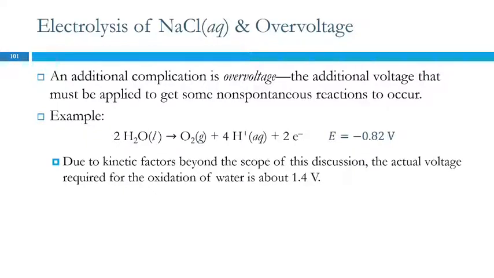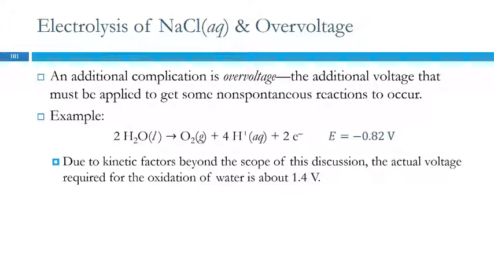And then, just because it isn't complicated enough, there's the additional complication of the overvoltage. Overvoltage is an additional voltage that has to be applied to get some non-spontaneous reactions to occur. So water being oxidized to oxygen and hydrogen ions has a potential of negative 0.82 volts, but the actual voltage needed is more like 1.4 volts.